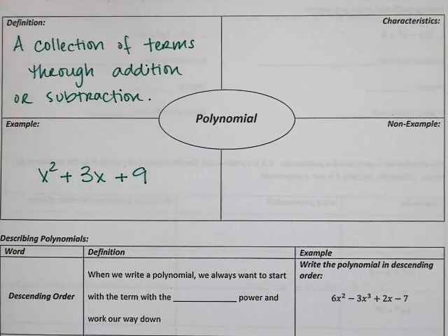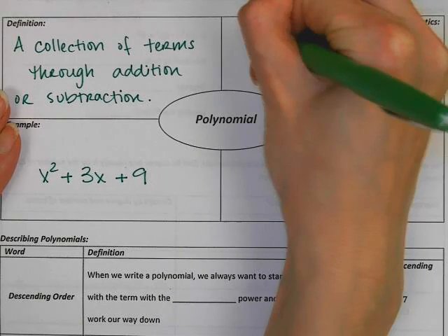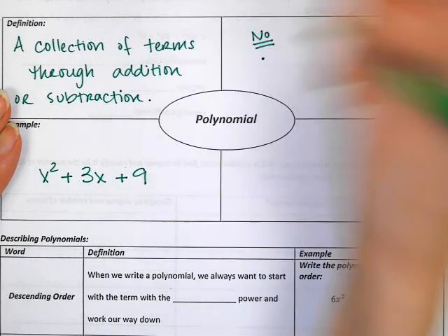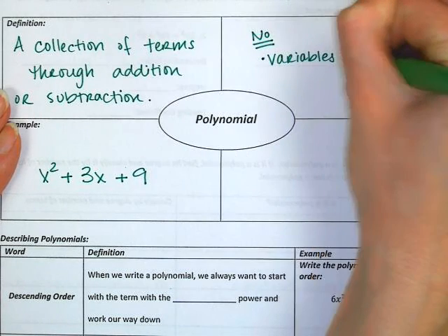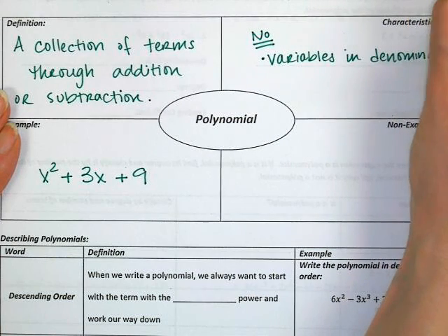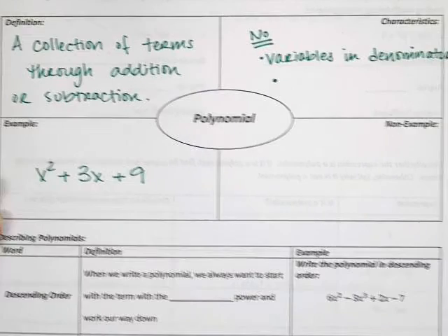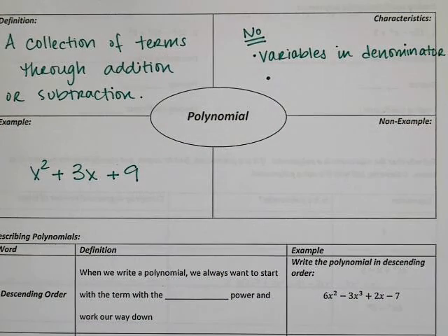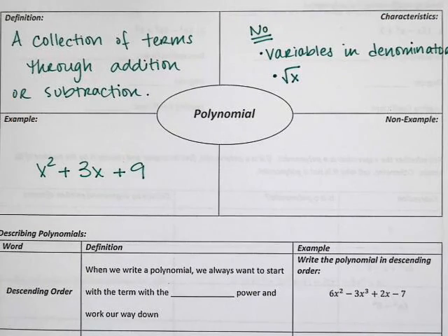Now, some things that cannot happen. I'm going to write no. There can be no variables in the denominator. There can also be no square roots of a variable, so no square roots of x.